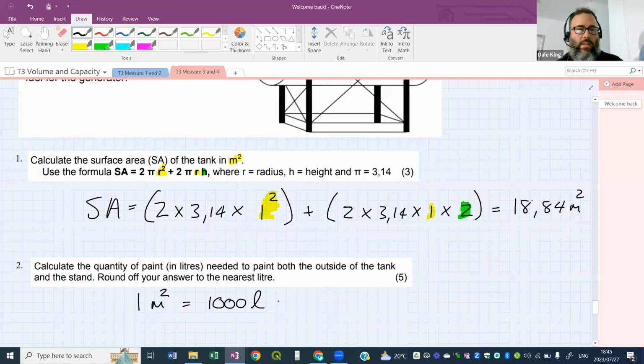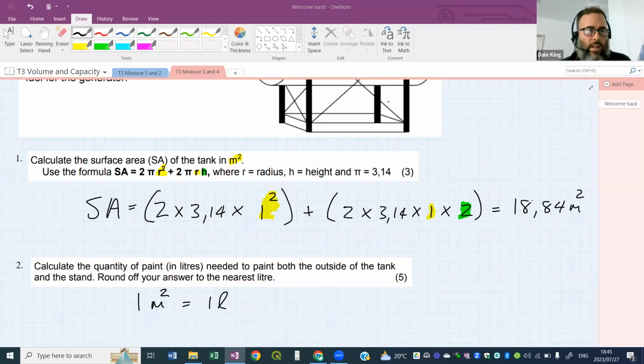No, that doesn't look right. No, that's wrong. Sorry. In this case, 1 square meter of area to paint, we'll use 1 liter of paint. Let's use that conversion.